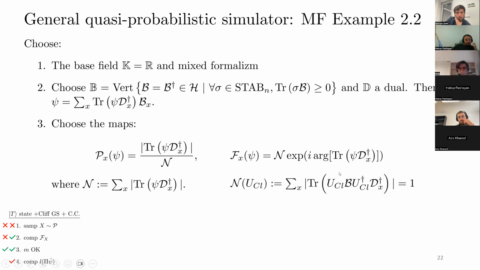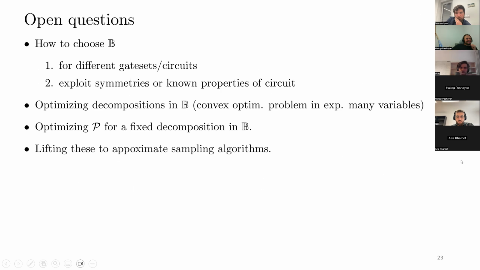I see. That exhausts what I have to say about this setting. But there are some open questions. One interesting question is, how do you choose B for different gate sets and for different circuits? In particular, can you exploit symmetries or known properties of a circuit to make better choices of B?